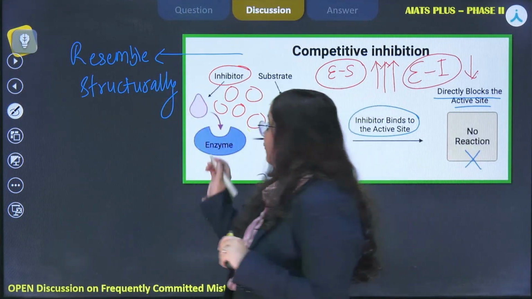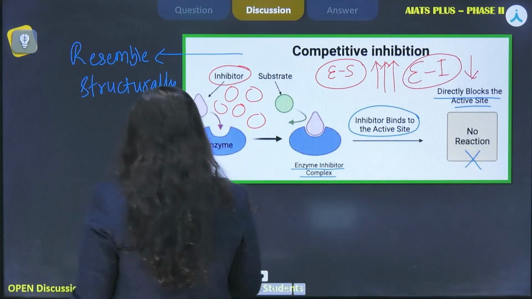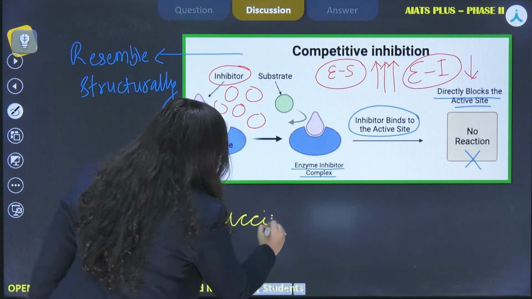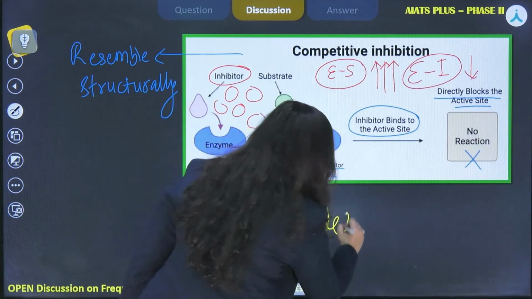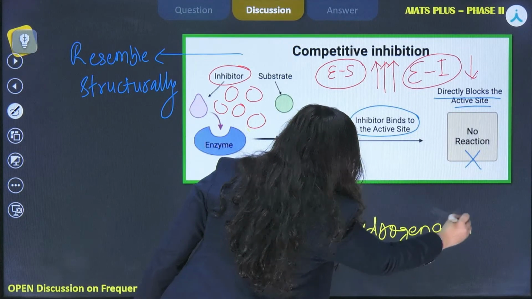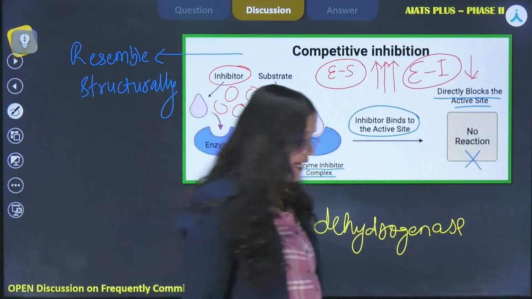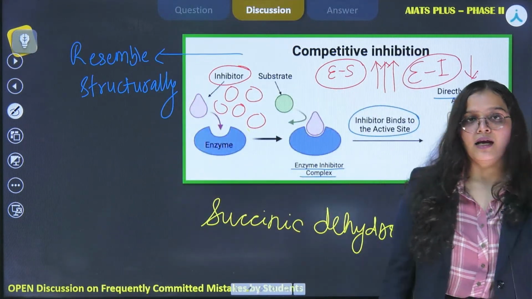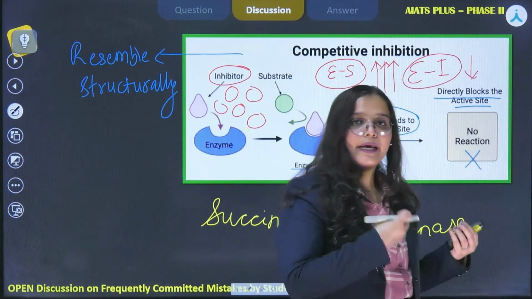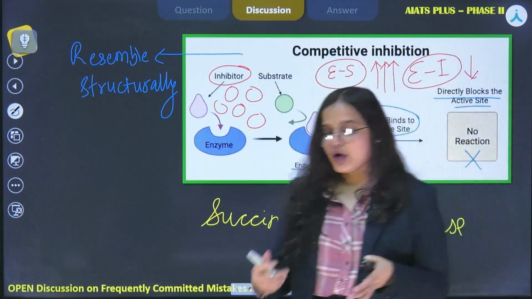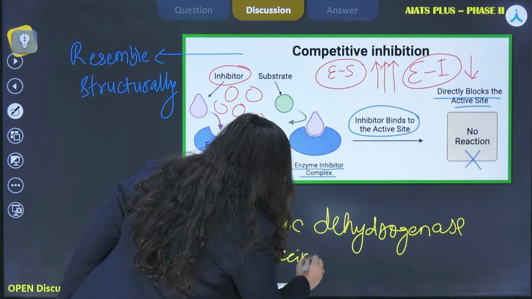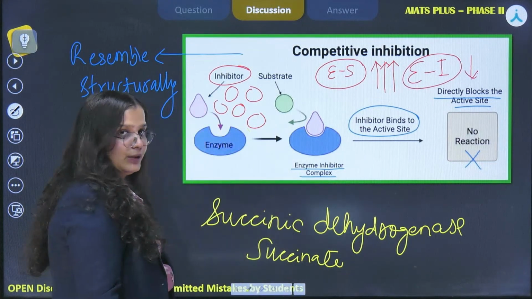One of the examples that is given in the NCERT for competitive inhibition is the reaction of succinic dehydrogenase. Succinic dehydrogenase binds with the substrate which is known as succinate. But there can be a competitive inhibition when malonate is also present, because there is a structural similarity between succinate and malonate.